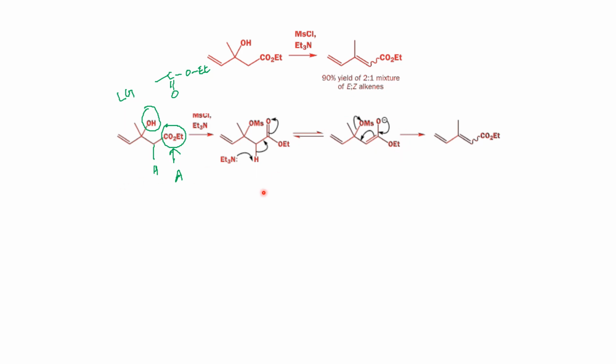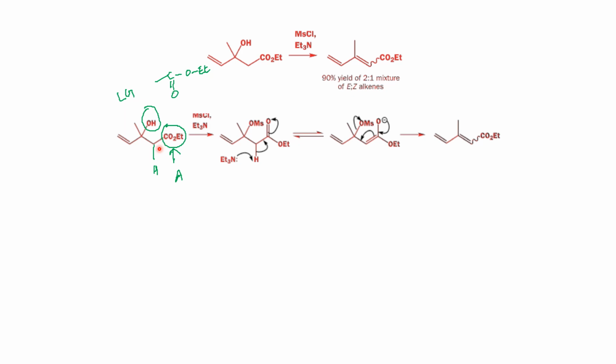So if you consider the stereochemistry of the product in E1cB, it doesn't require an anti-periplanar conformation and all. Here the position of the double bond will always be fixed. That is, you are having the anion stabilizing group here and the leaving group here. So in this case you can have the double bond only in this position.